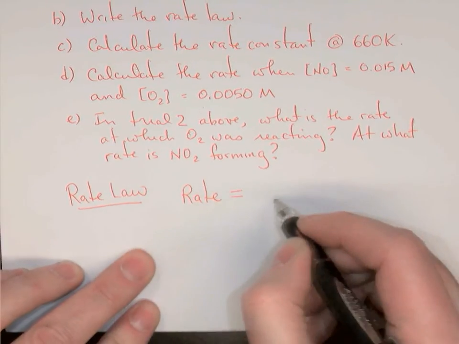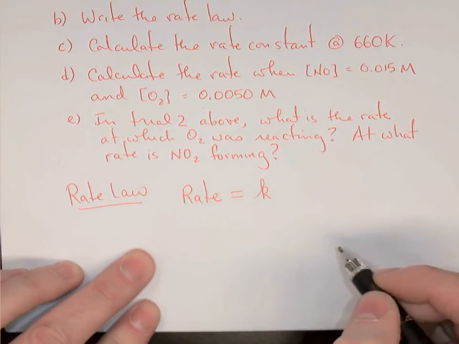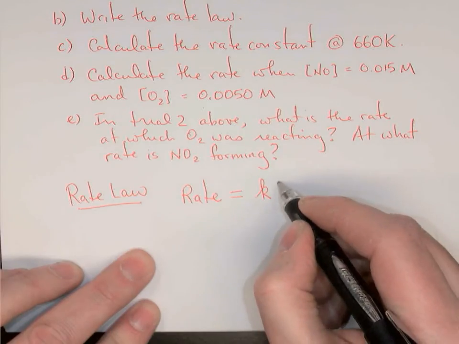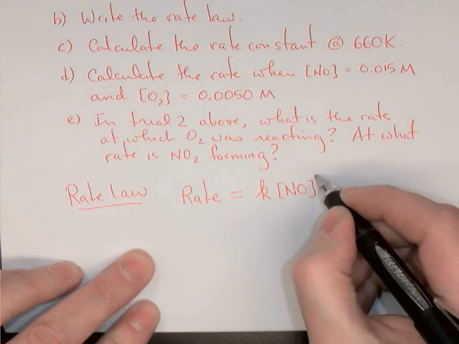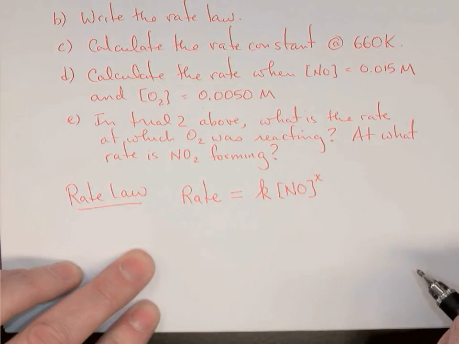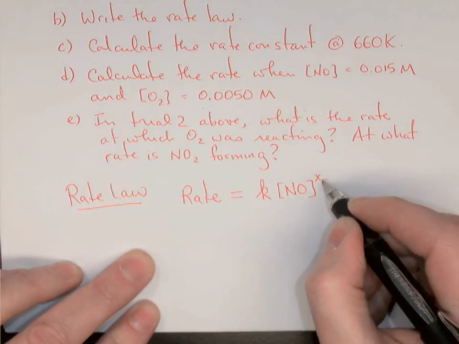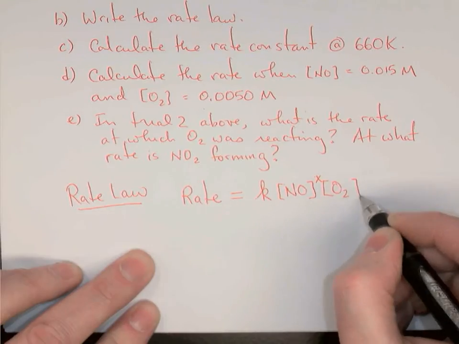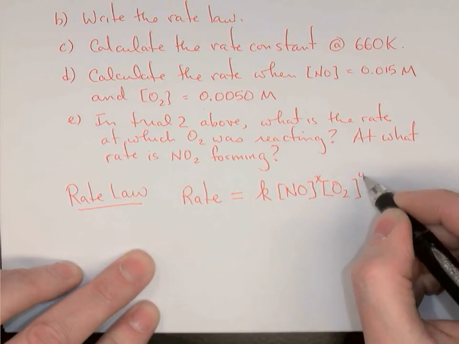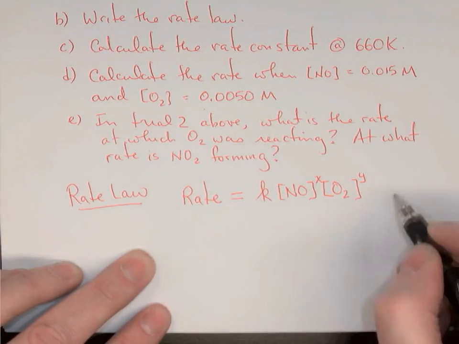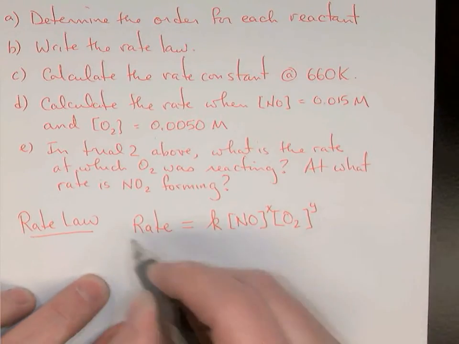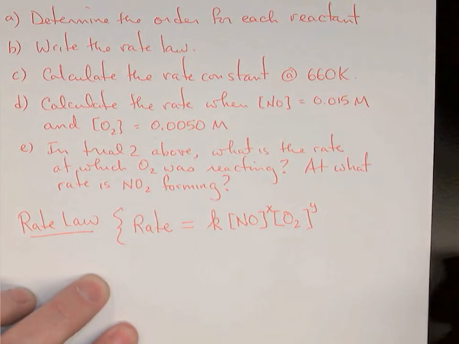Rate equals a constant, which we'll call a rate constant, times the concentration of the first reactant raised to some unknown power x, and we're going to find x, times the concentration of the other reactant, oxygen, raised to some unknown power y. Now this entire statement is referred to as the rate law. The statement rate equals k times [NO] to the x times [O2] to the y is the rate law.